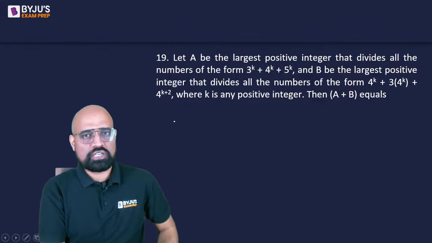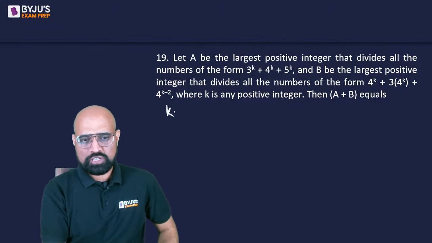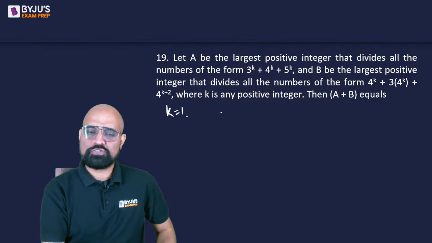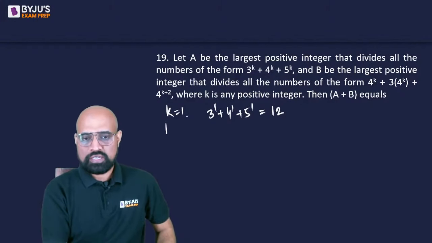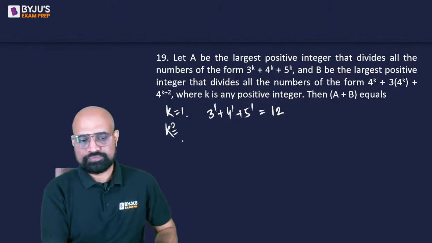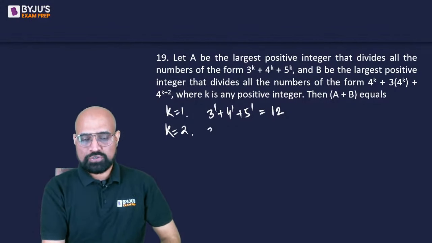Since we don't know exactly how to approach, we are going to put in the values of k. Okay, so first let me take the value of k as 1. If I put k as 1, this is going to give me 3 to the power 1, 4 to the power 1, 5 to the power 1. So this is going to give me nothing but 12. If I put k is equal to 2, I will get 3 square plus 4 square plus 5 square.